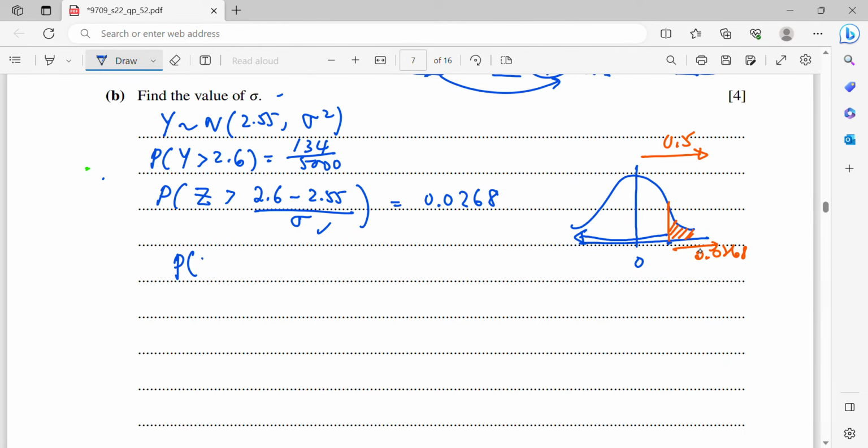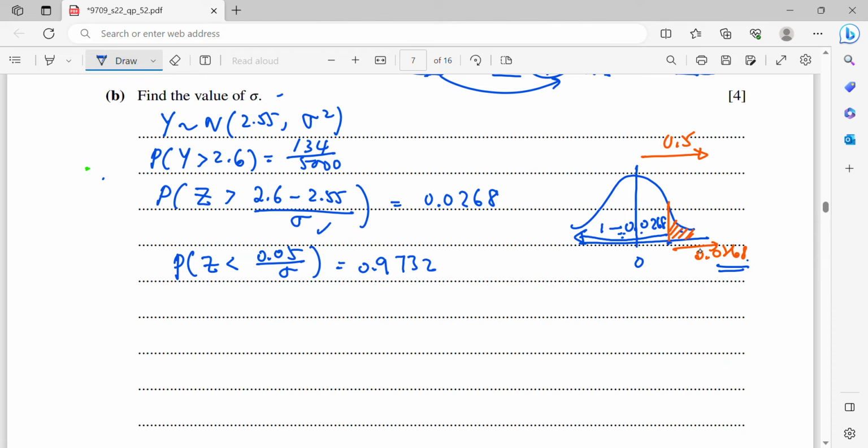So from here, I will write P(Z less than 0.05 over sigma), where 2.6 minus 2.55 is 0.05. For the orange region, it is 0.0268. So for the blue region, it will be 1 minus 0.0268, which is 0.9732.